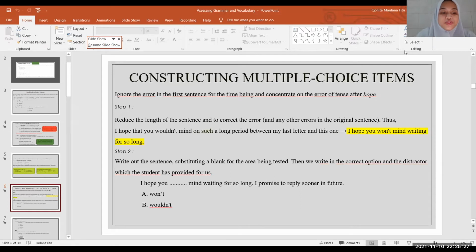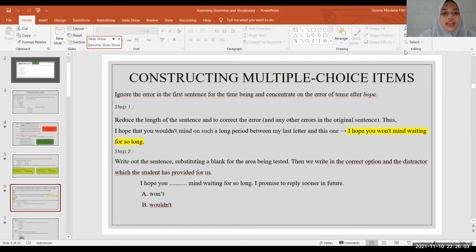And then step 2: write out the sentence, substituting a blank, like blah blah blah or many dots, for the area being tested. We write the correct option and the distractors which the student has provided for us.